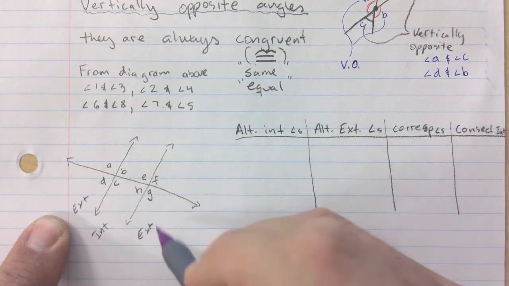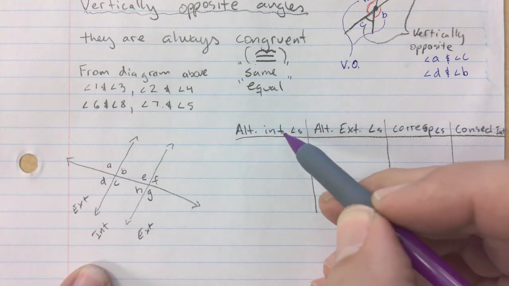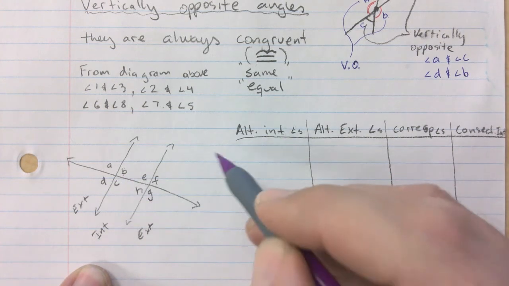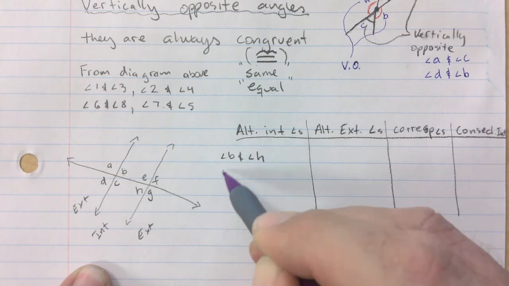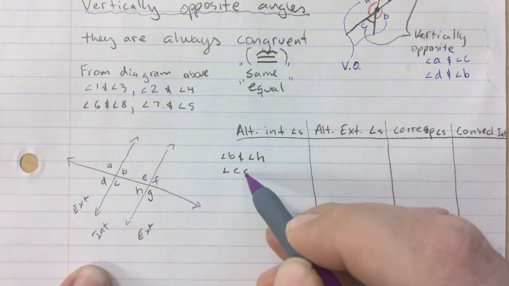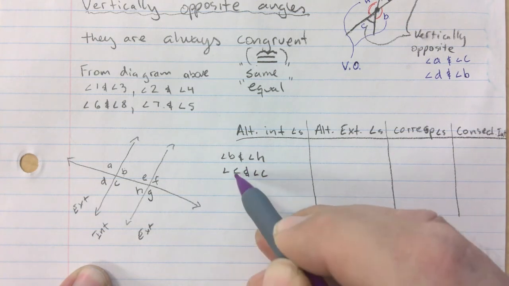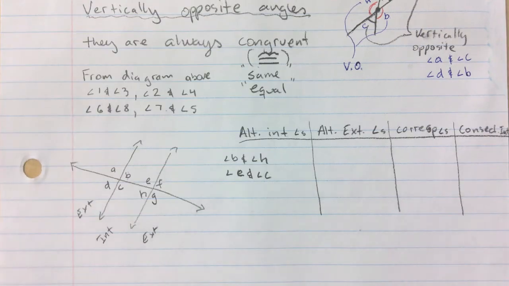So alternate means on opposite sides of the transversal, and they have to be interior. So B and H, as well as E and C. Okay, so that's all you have.